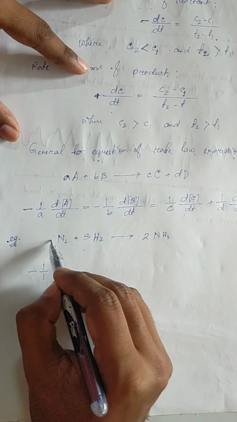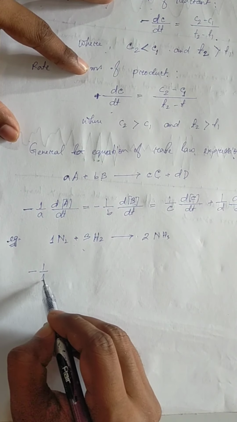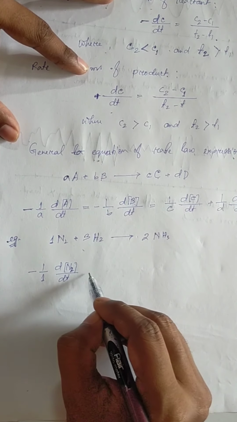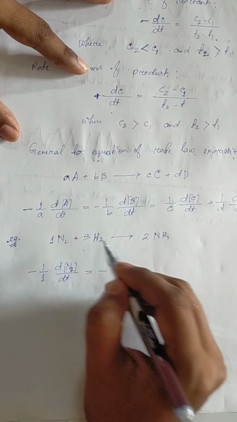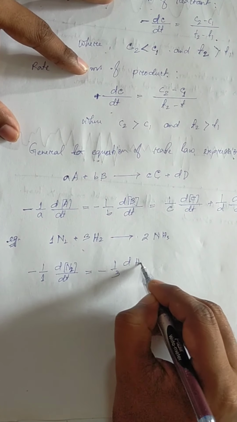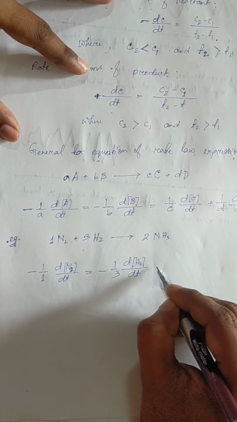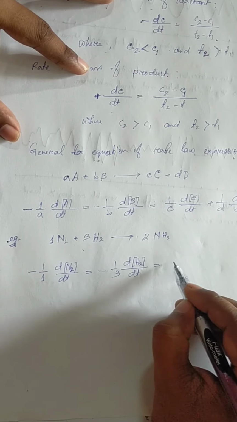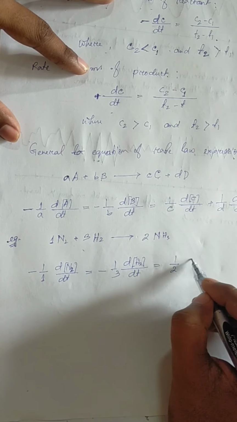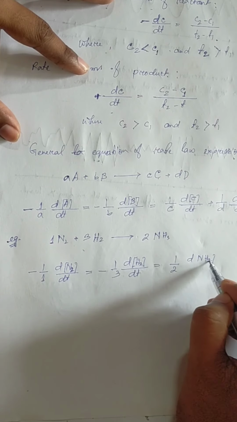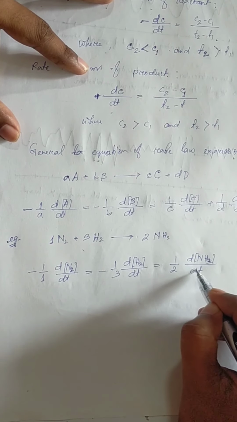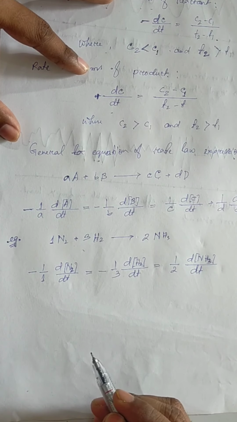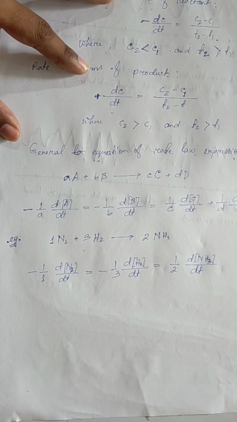There will be 1, as there is a 1 reciprocal here, so we can write like this, and next is equal to minus, as this is the reactant, next this is the product, that's why we will write a positive sign, and 2 will be reciprocal. So this is an example to understand the general equation of rate law expression.